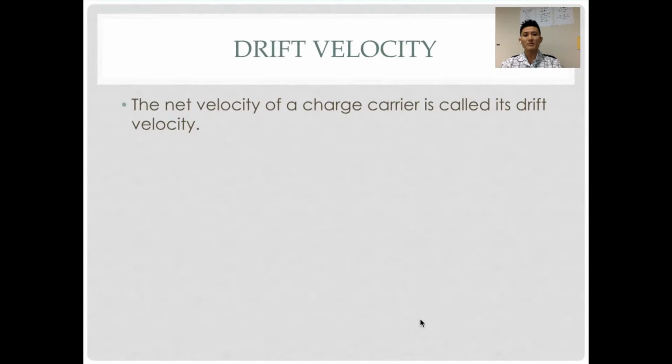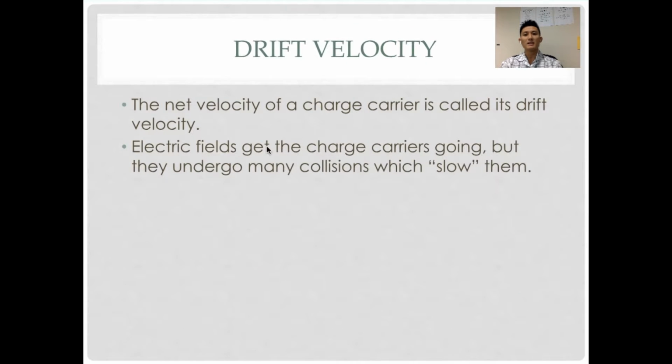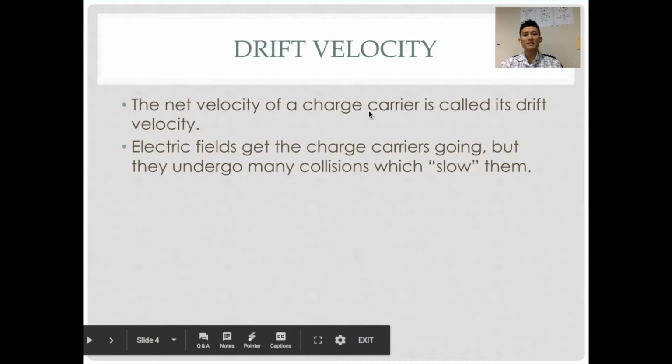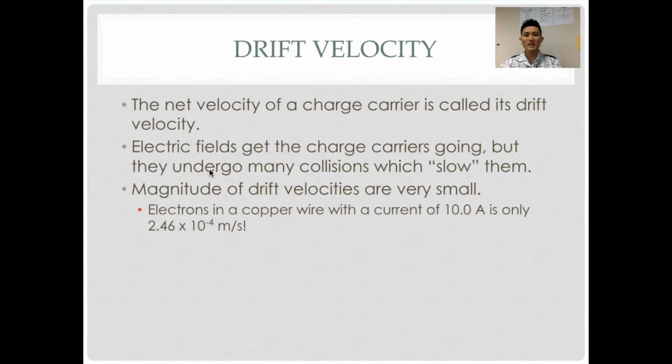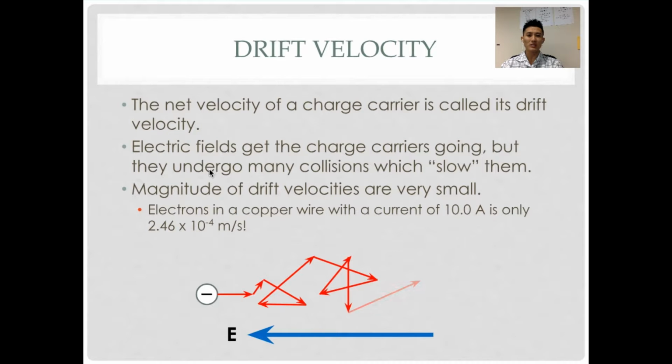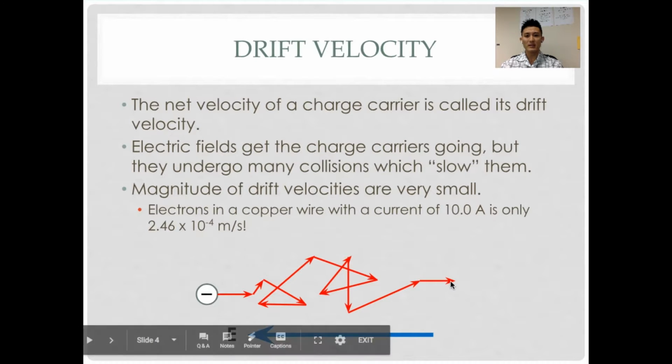And so we have what we call drift velocity, which is the net velocity of the electron moving through whatever tube. Because although we have an electric field that causes this movement of the electrons, most of the electrons move something like this. They go boingy, boingy, boingy, all the way through the tube, and then straight again.